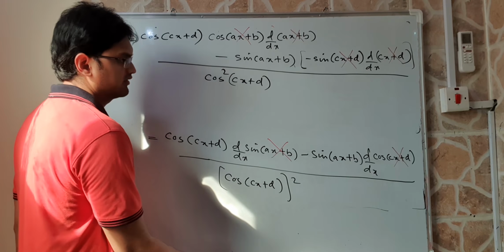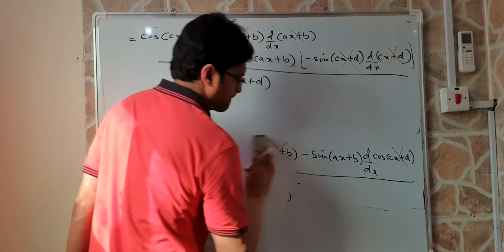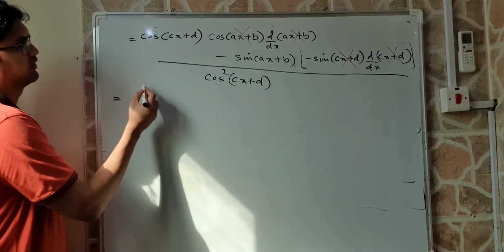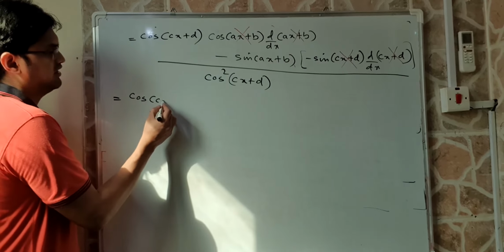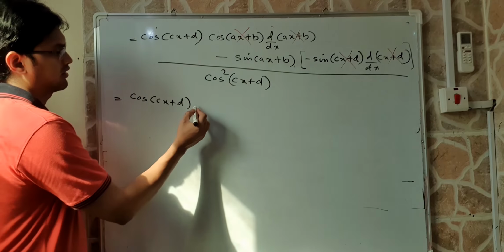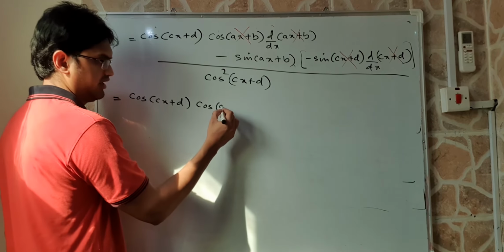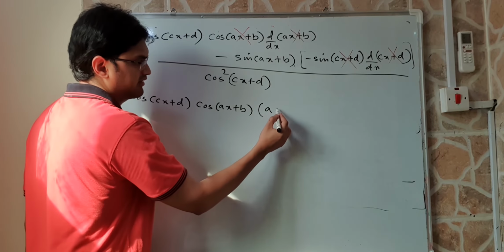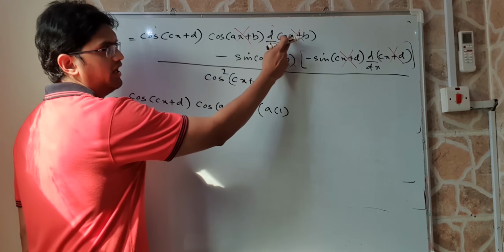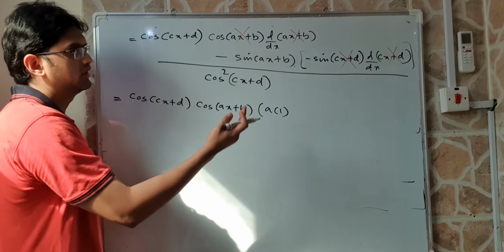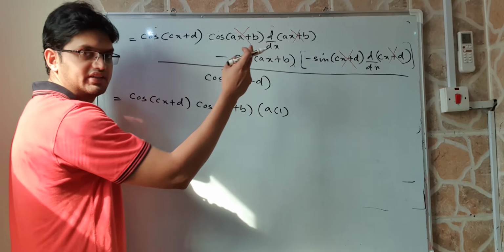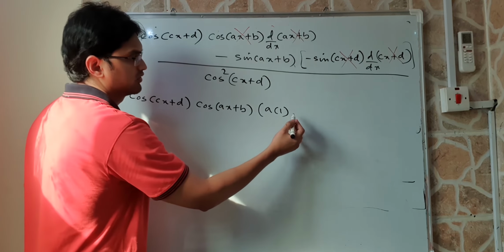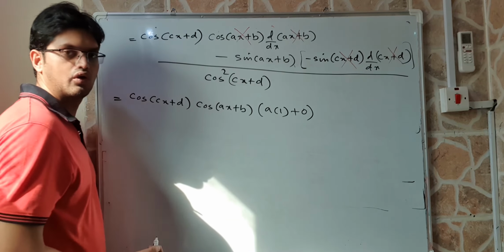So now further we will simplify. What will we get? This is equal to cos of cx plus d, cos of ax plus b. What is the derivative of x? It is 1. So a into the derivative of x, which is 1, and b will be treated as a constant because we are differentiating with respect to x, so this will be 0.